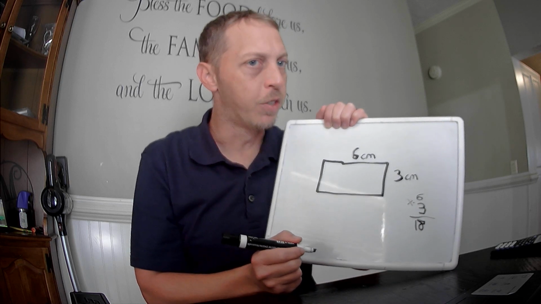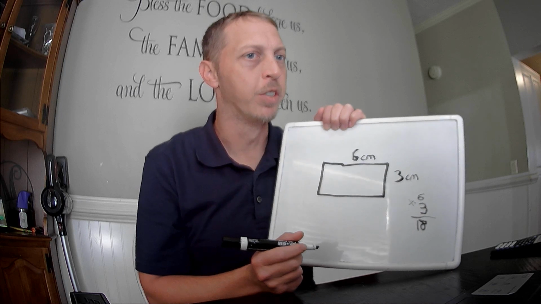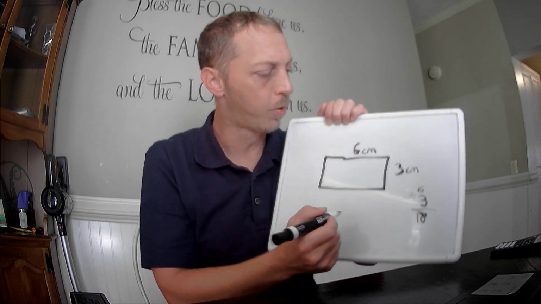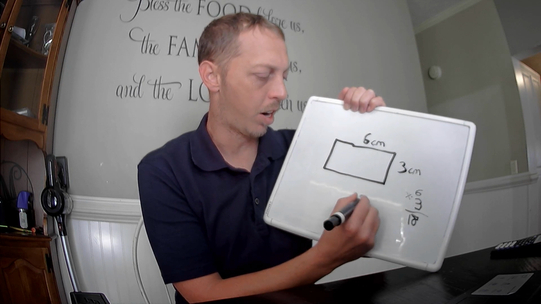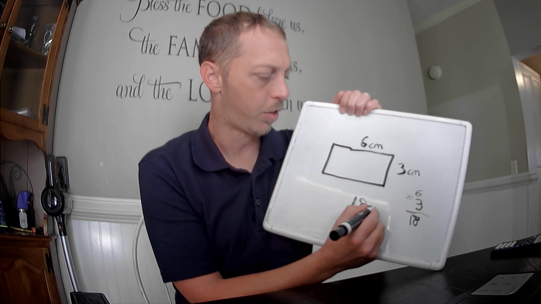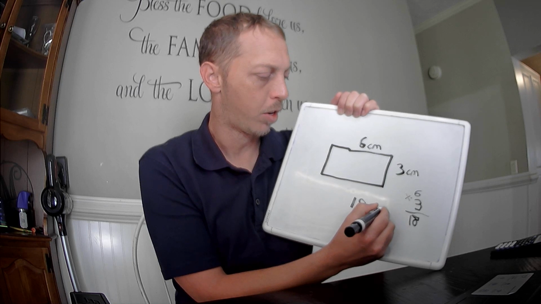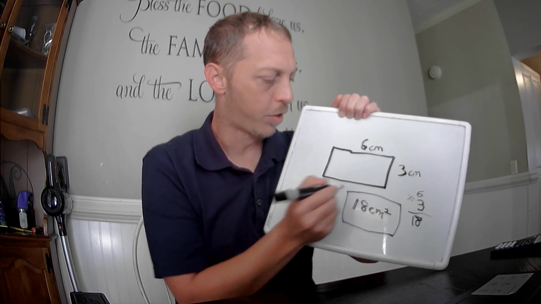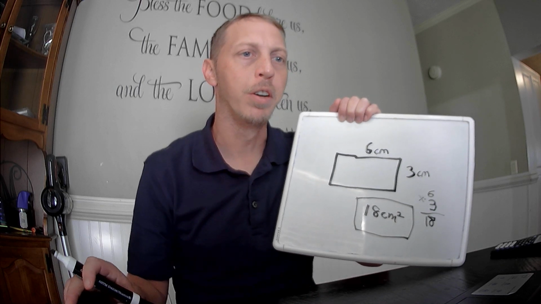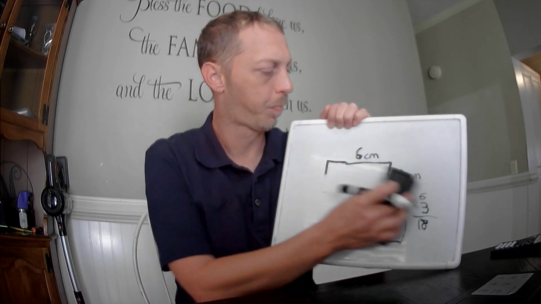But the answer is not 18, because this is a surface area and you use two measurements, so it'll end up being 18 centimeters squared. That is the surface area of this rectangle.